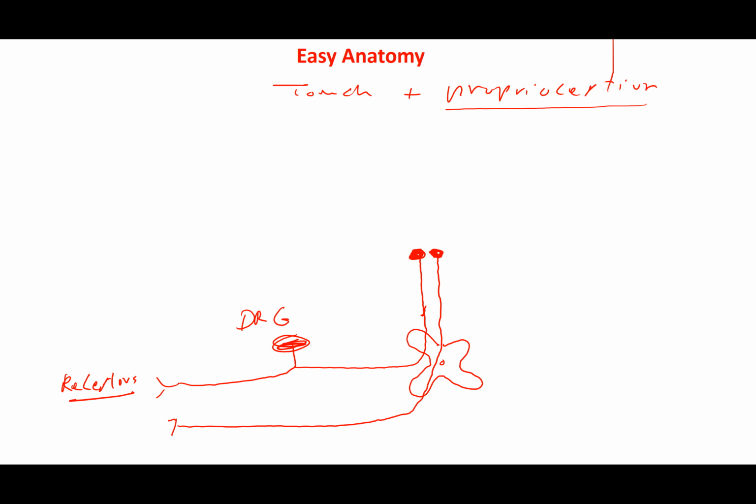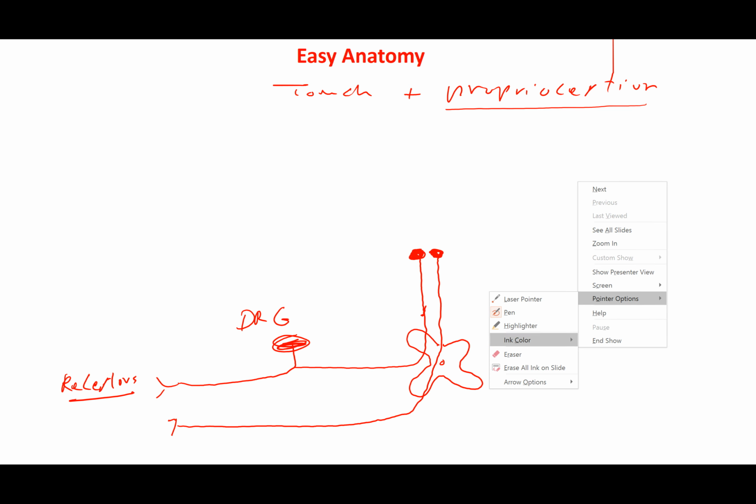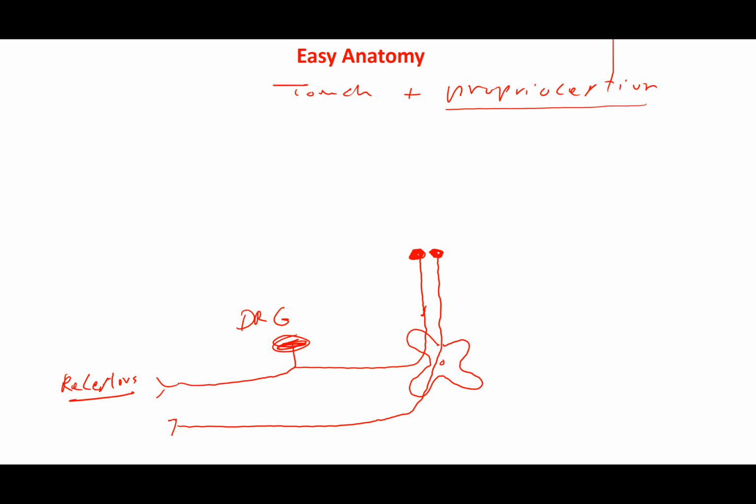So let us draw the spinal cord and medulla with a different color here. This is the spinal cord, and then the medulla, until you reach the thalamus, and here we will talk about crossing.